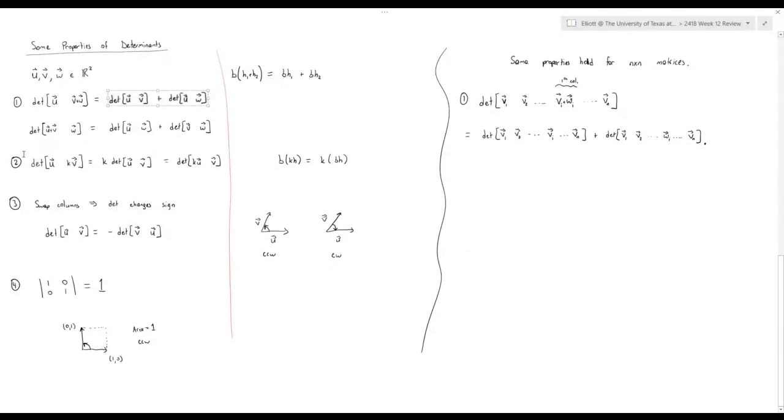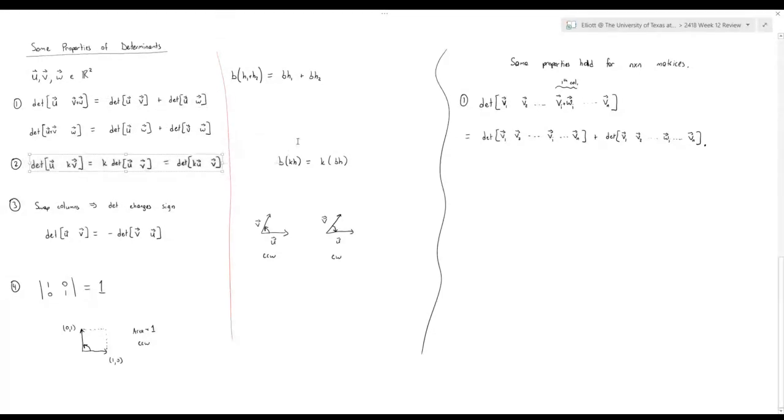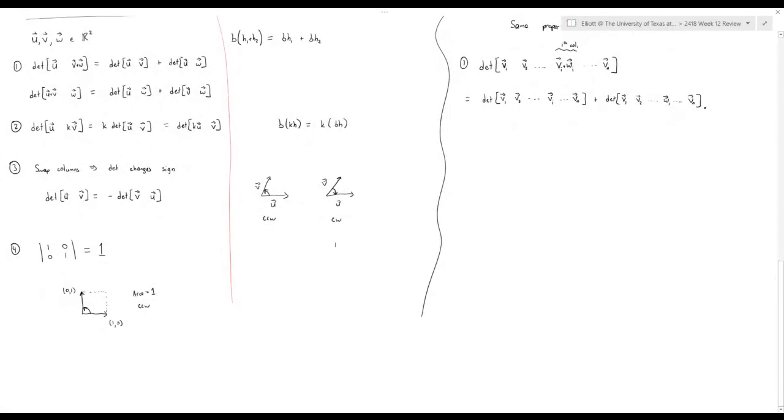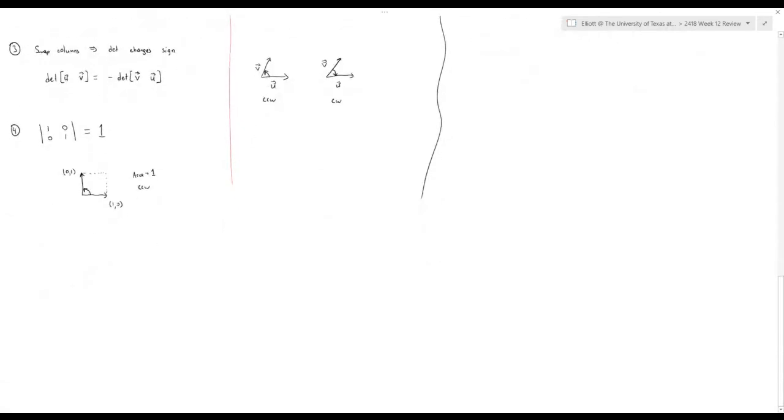Likewise, this property was similar. Scaling one of the edges will scale the area by that same amount. So all these properties are motivated purely by the geometric properties of the determinant. And with these properties, we can actually derive the formula, or at least one of the formulas, for computing the determinant.